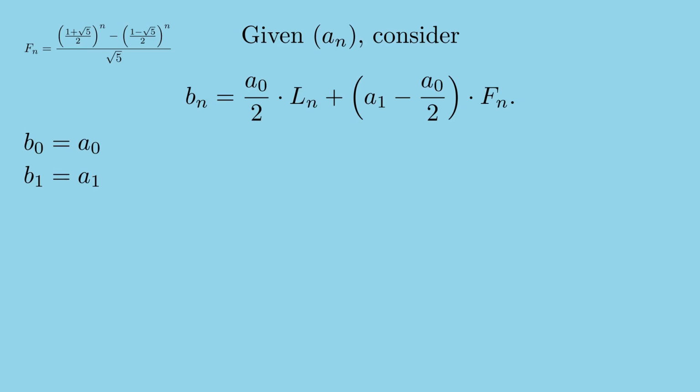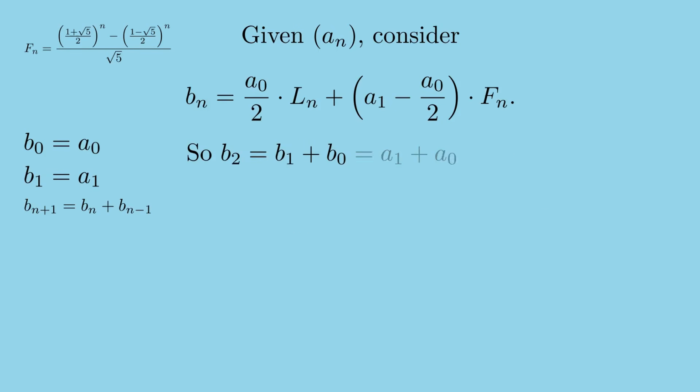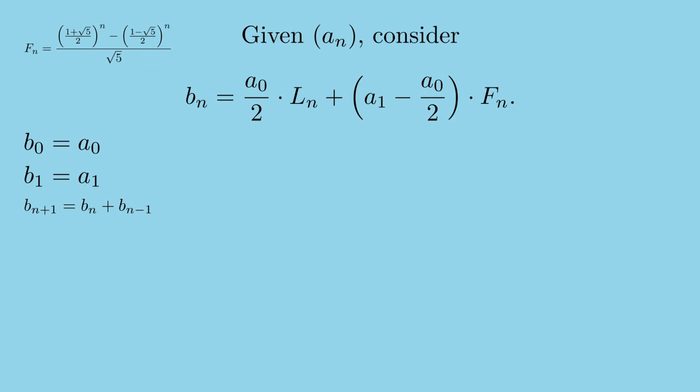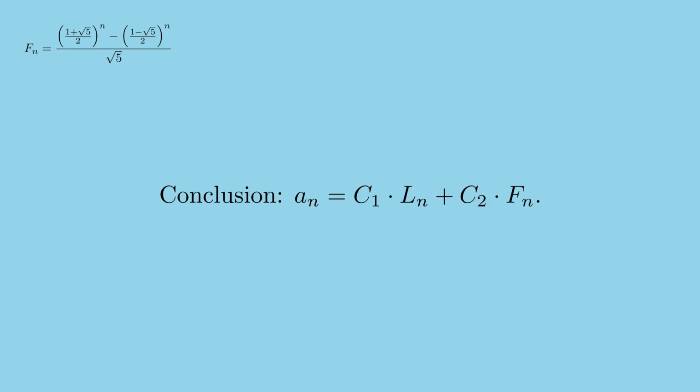And finally, plugging in for b_{n+1}, we prove that the b sequence inherits the relation from Lucas and Fibonacci. So the b sequence equals the a sequence for 2, for 3, for 4, and forever to infinity, and of course we can reverse the process and learn that the whole sequence is the same as the a's, even into the negative integers. So the original a sequence is just a linear combination of the Lucas numbers and Fibonacci numbers.